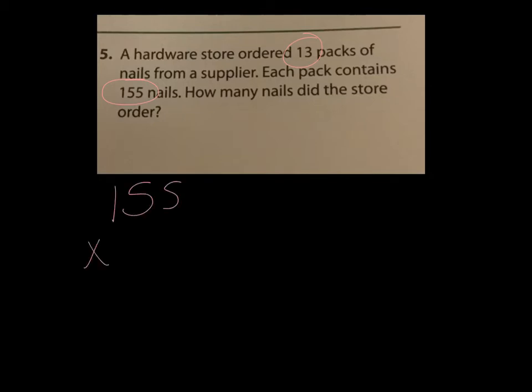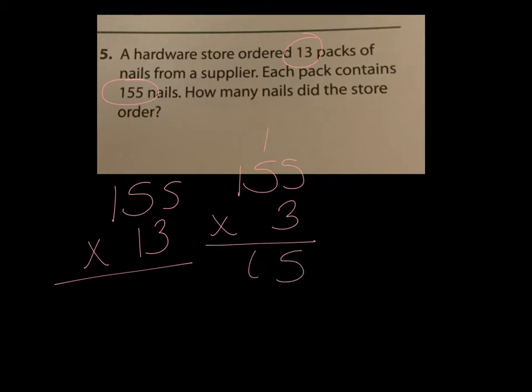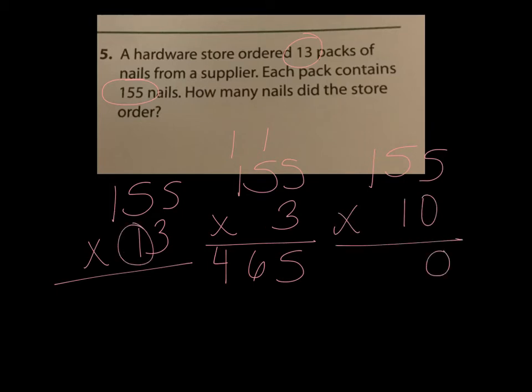155 times 13. I did lattice method last time, so let's do partial products. 155 times 3 is my first step. There's 15, 16, 3, and 4. There's my first partial product. And then I need 155 times 10 for my 10 over here in the tens place. 0, I got 5, 5, and 1.